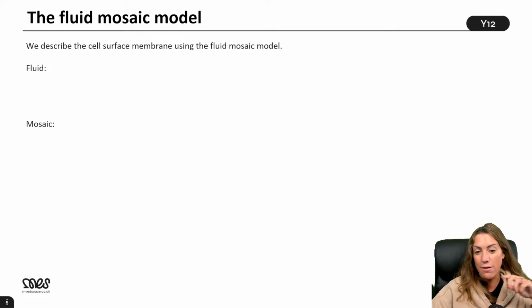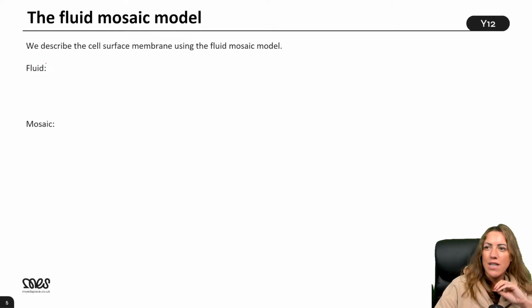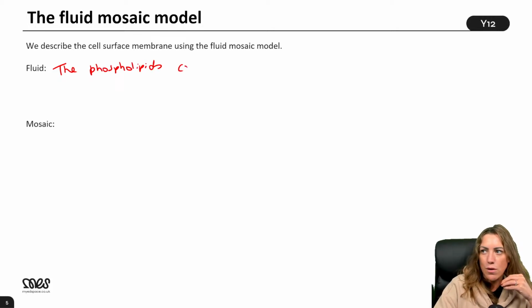So Jawar here says it can flow. There is movement there. Yes, good. The phospholipids are fluid. It's not rigid. Good. Not rigid like a cell wall. Patches up, kind of. The proteins inside are the mosaic. Yeah, good. I would say fluid. That's to do with the phospholipids. So the phospholipids can move.